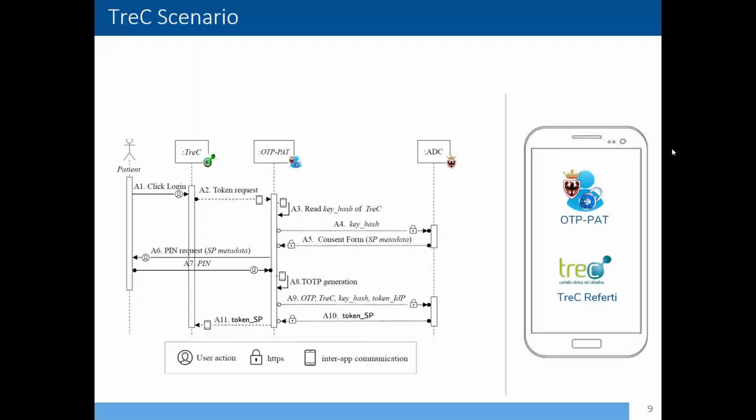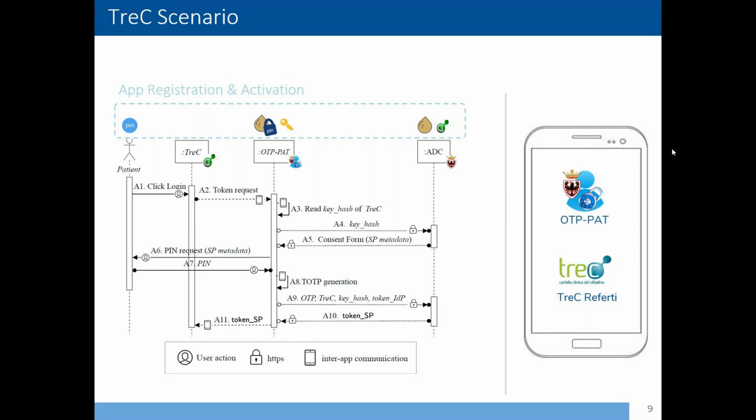Before using this solution, two preliminary phases are required. First, the Tracee application has to register with the external identity provider, and this is to establish a federation. And then the patient has to activate the OTP application.